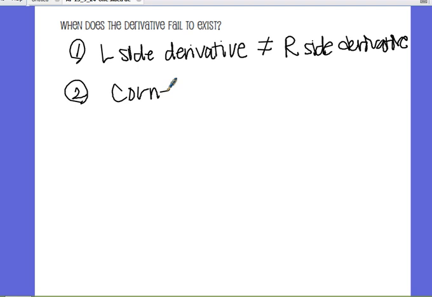You'll hear me talk about corners. And the easiest corner to talk about are absolute value functions. So at the vertex of an absolute value function, you're not going to have a slope exist.